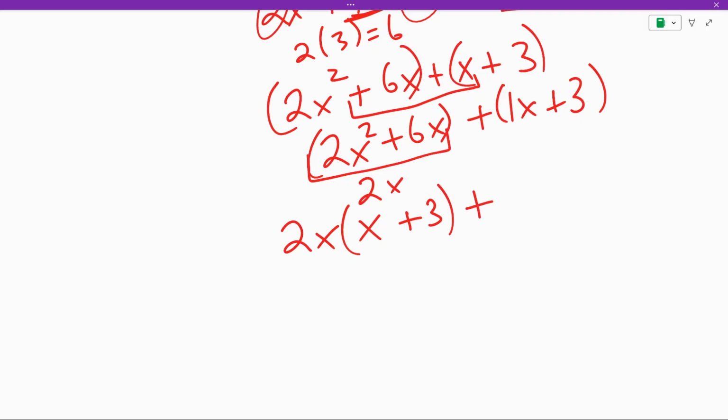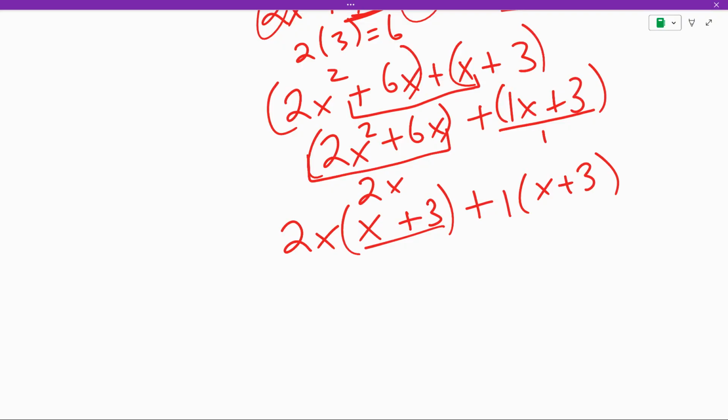Plus, over here we can just factor out a 1, because we have an x plus 3 here and an x plus 3 here.